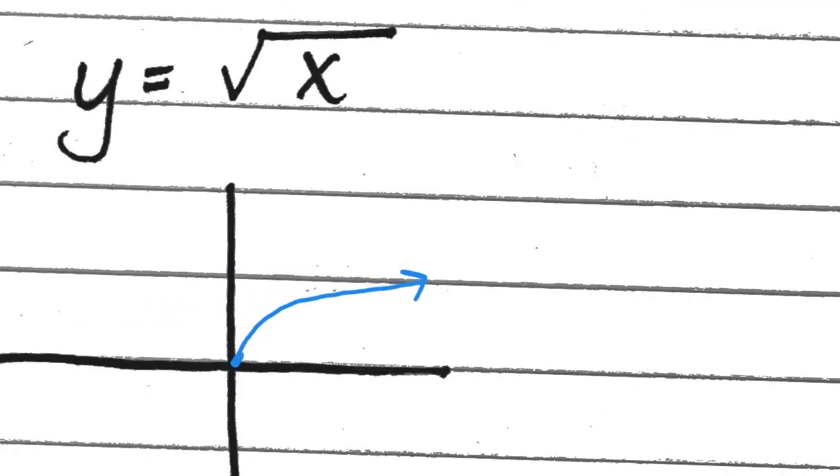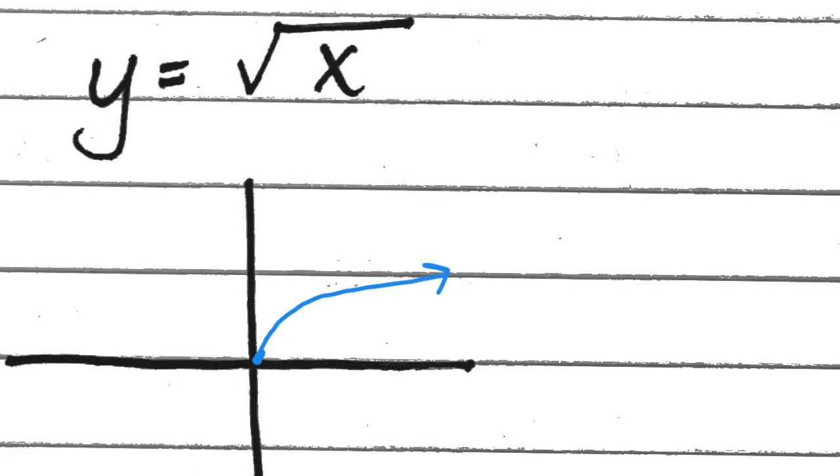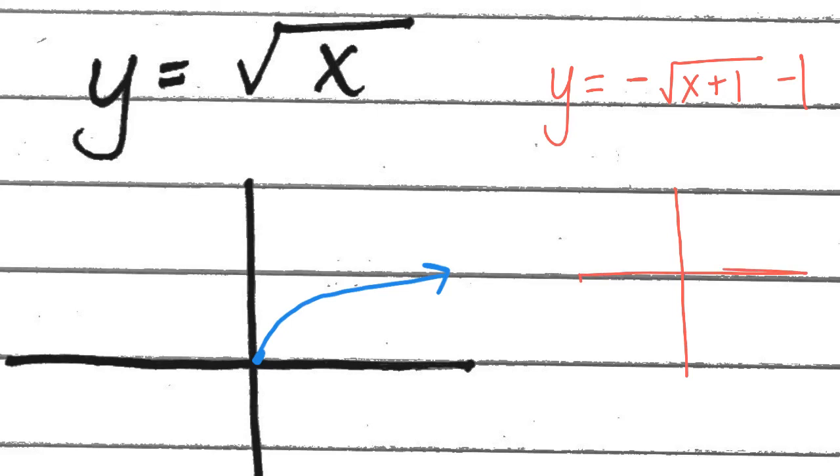So let's look at this square root. If I have y equals, let's flip it, negative square root of x plus 1 minus 1. Okay, if here's my Cartesian coordinate system, the first thing I know is that this right here tells me it's going to go left 1. On the outside of the radical, it tells me it's going to go down 1.